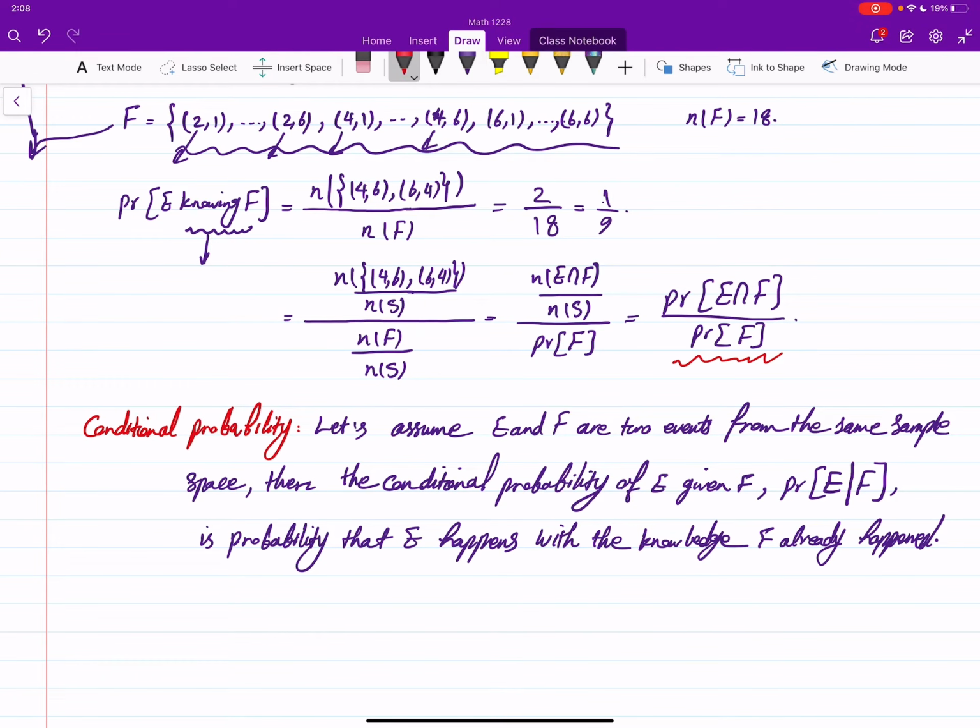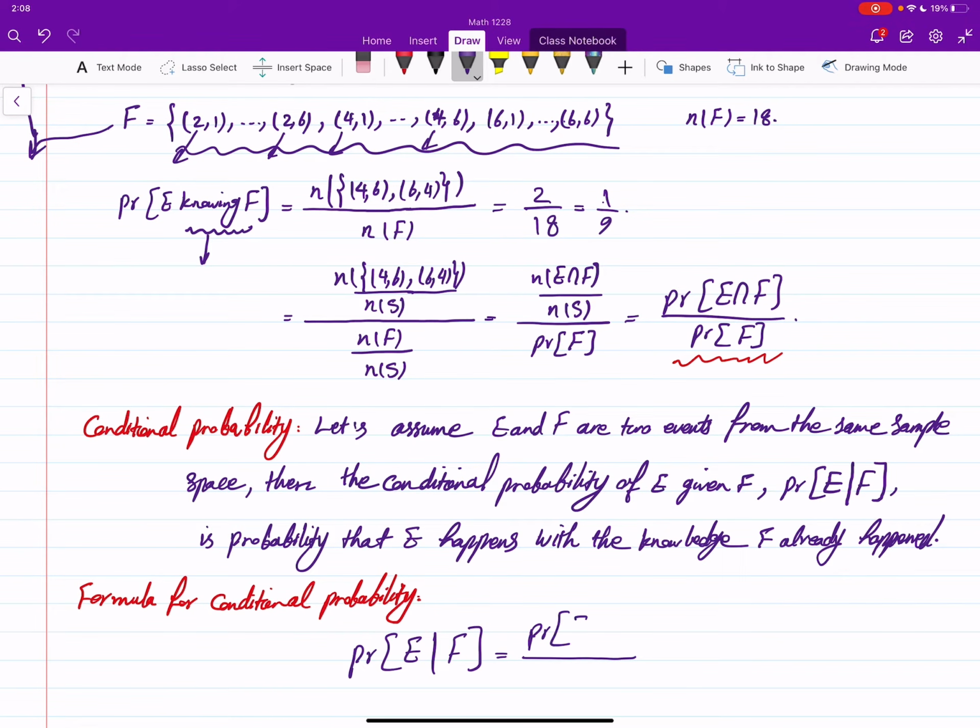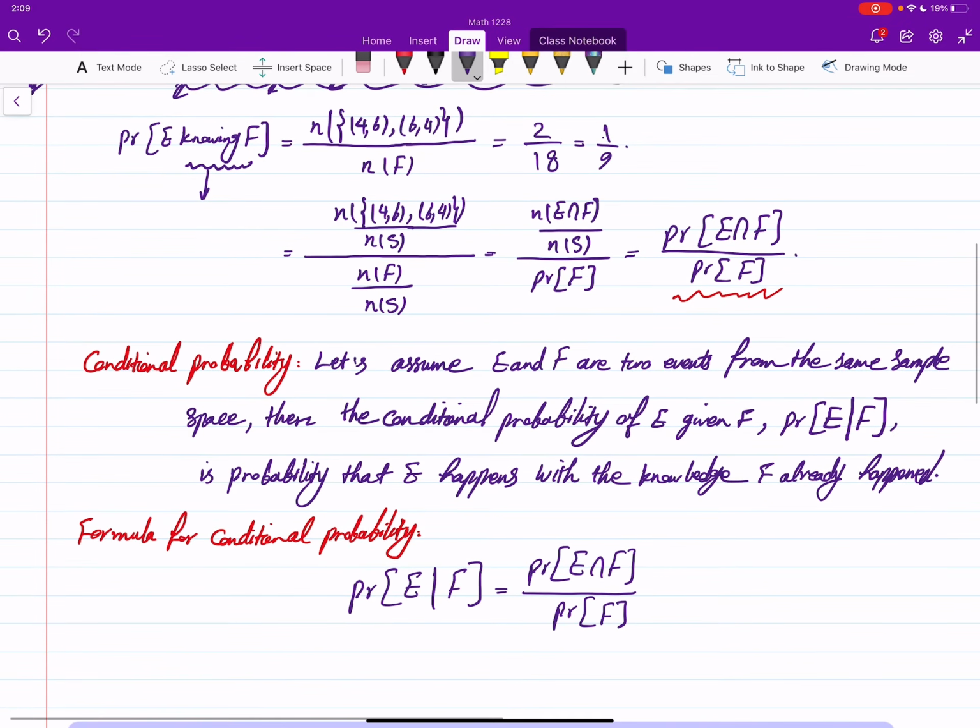And the formula for the conditional probability, as we had above, is given by this. So you're looking for the probability of E given F. This is going to be the probability of E intersect F in the numerator divided by the probability of F, or the given part, in the denominator.